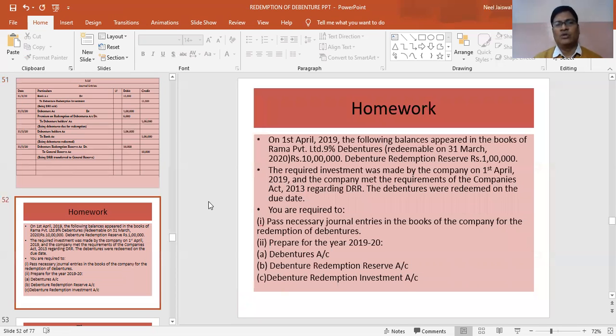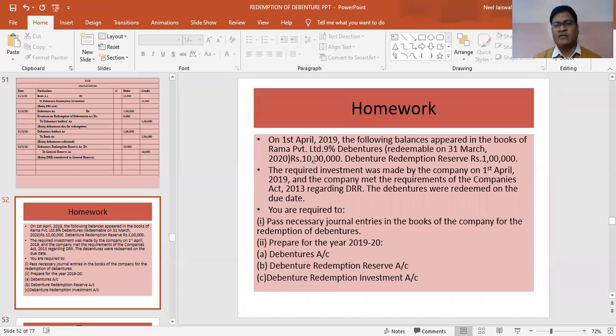Okay, this is your homework. Same type of sum, but instead of preparing only the journal, we have asked you to prepare debenture account, debenture redemption reserve account, and debenture redemption investment account. That also is required. That means this is a private limited, again an unlisted company, where DRR and DRI both are required.